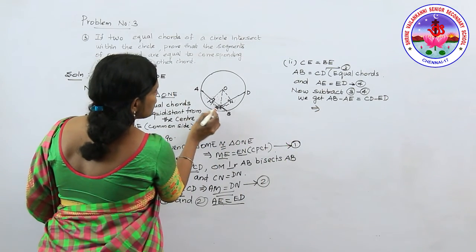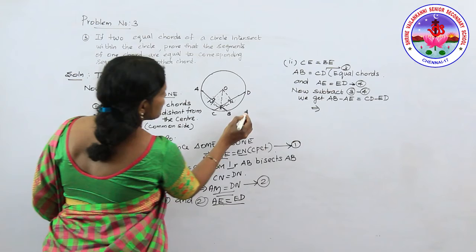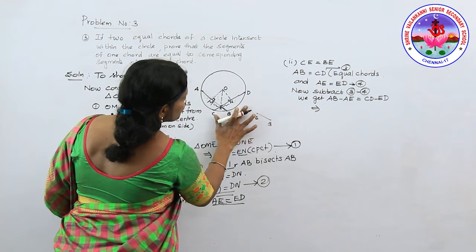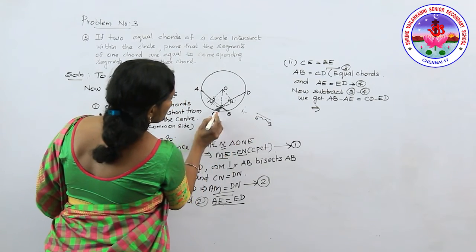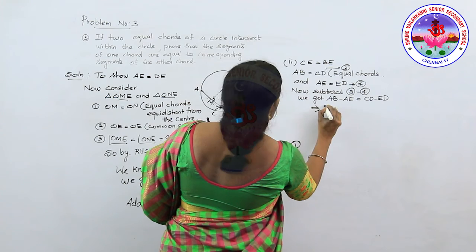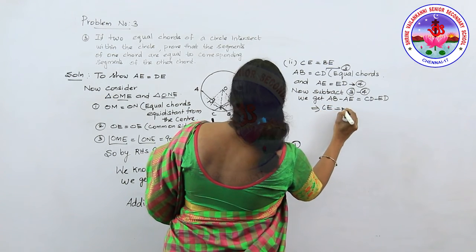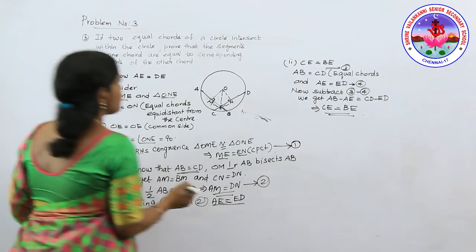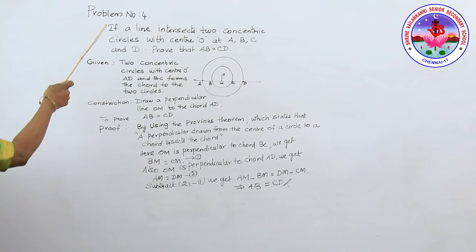So AB minus AE, if I remove this line, I am left with my BE line. So I get that CE is equivalent to my BE. Hence proved.